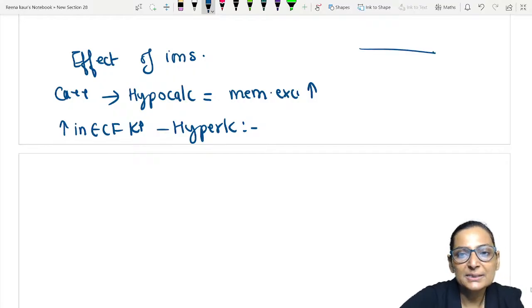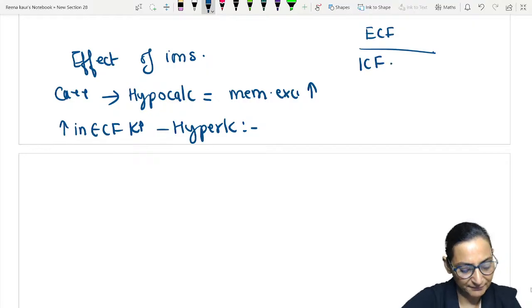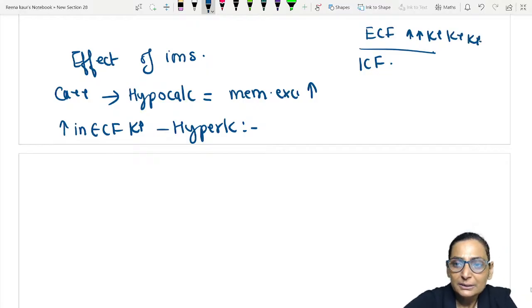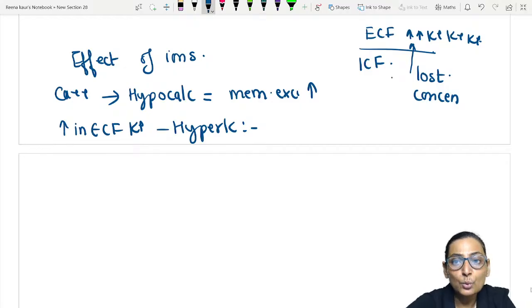See, this is your ECF and this is your ICF. If the potassium concentration over here is increased, this concentration gradient will be lost because the potassium is already more in the ECF. The potassium which is present inside will not go outside because there is no need.